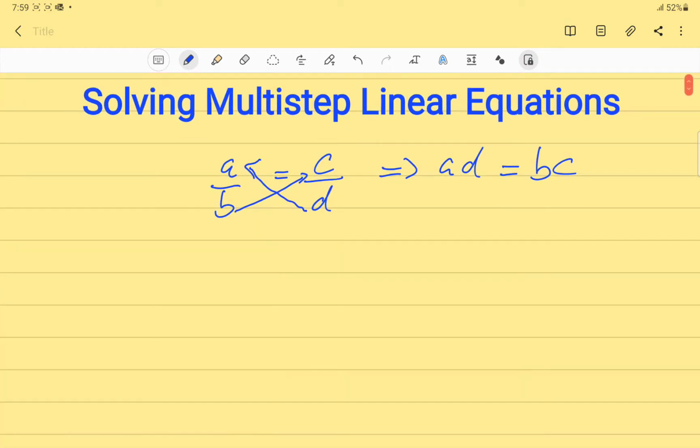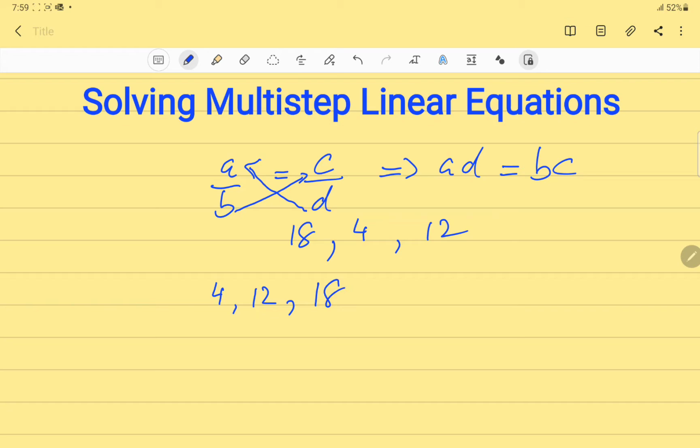And what is LCM? Suppose we have three numbers 18, 4 and 12, and we want to find the LCM of this. I hope you are aware of this. We'll write 4, 12, 18.